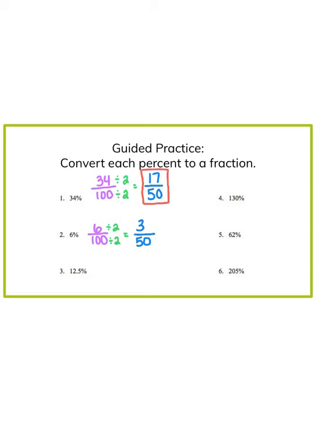This fraction is now in its simplest form because I cannot divide 3 and 50 by the same number to make it smaller. So 6% is equivalent to 3/50.